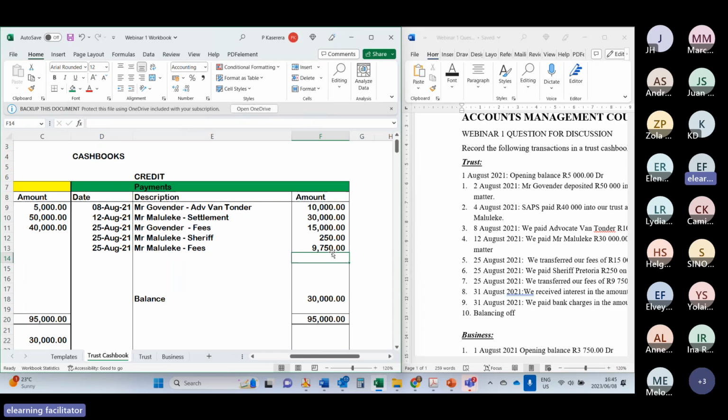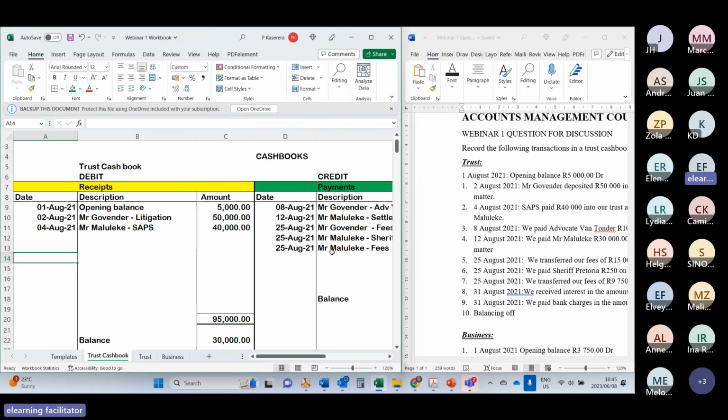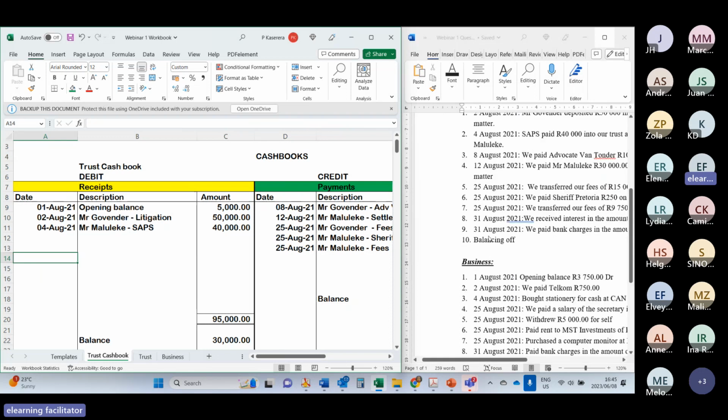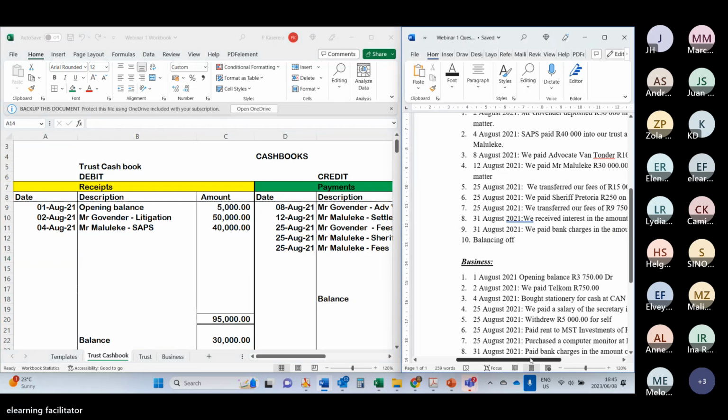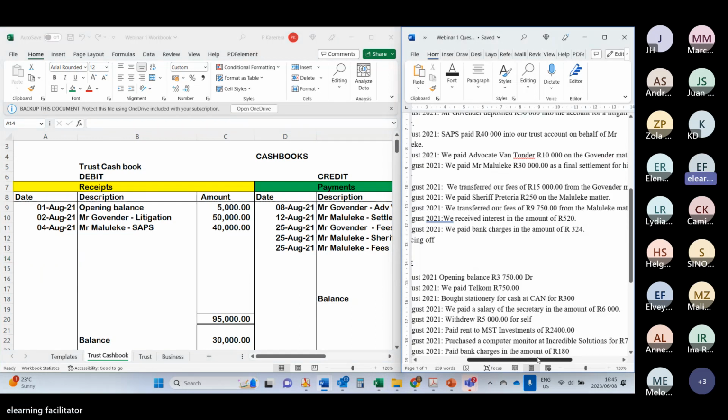You look at how much you got. The good thing about having a ledger, immediately posting to a ledger, is that the ledger will tell you immediately how much your fees are before you can take them. Okay. And then 31 August 2021, we receive interest in the amount of 520.